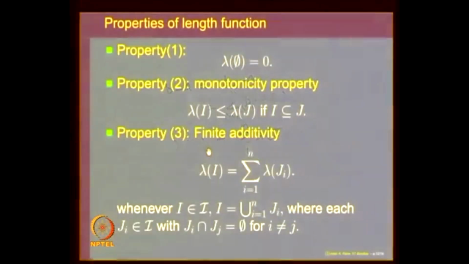That means the length function lambda is finitely additive. Namely, if an interval I is a finite union of pairwise disjoint intervals, then the length of the interval I is equal to the summation of the lengths of J_i's.